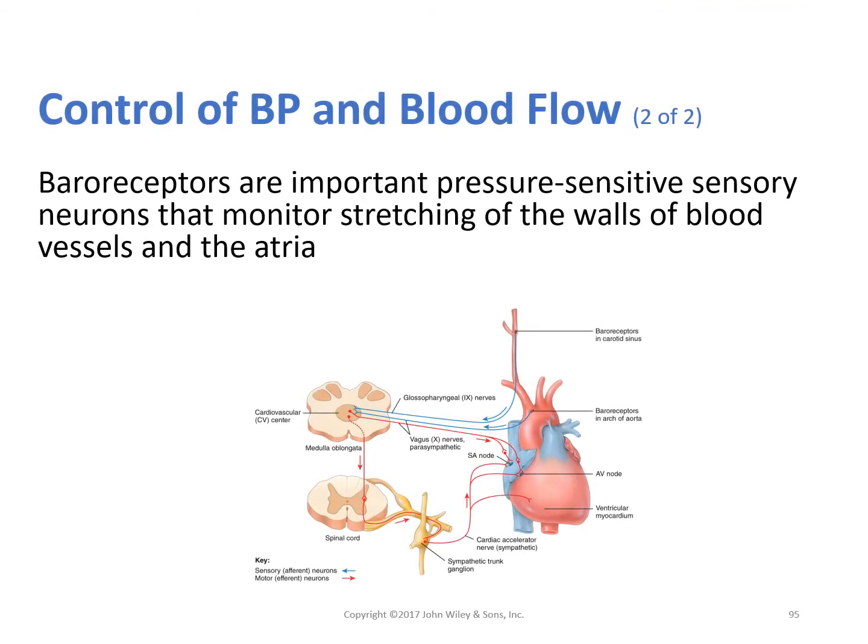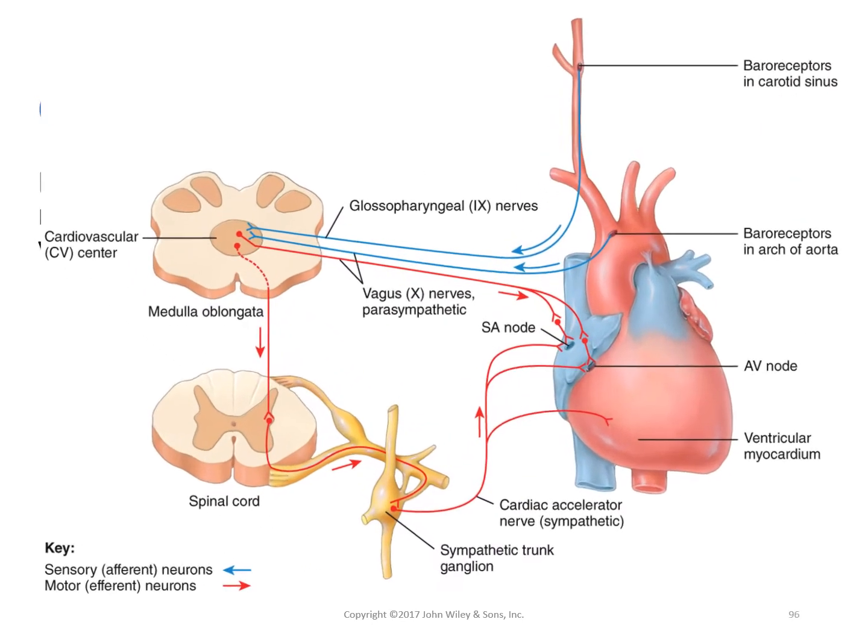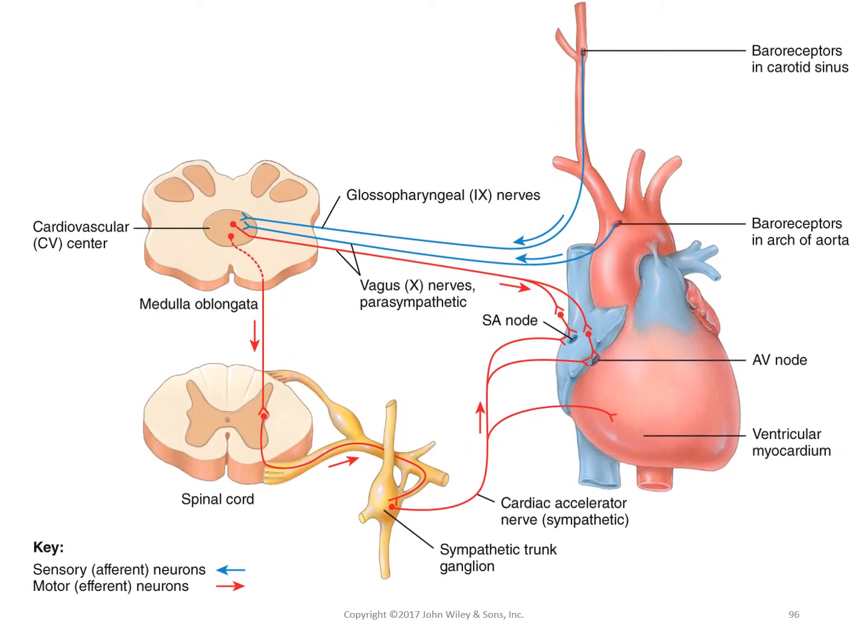Baroreceptors, which means pressure receptors, are important. They are pressure-sensitive sensory neurons that monitor the stretching of the walls of the blood vessels and the aorta, and they send their signals to the brain. It's interesting, cranial nerve 10 has to do with taste.